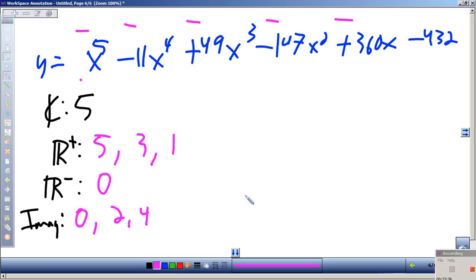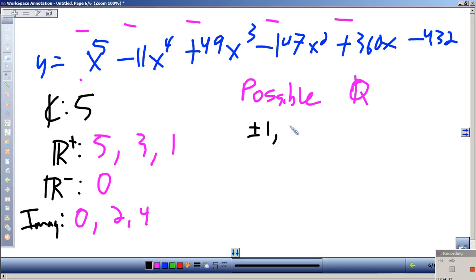Now, what are the possible rational solutions? So, possible rational. What number are we looking at? The 432. So we have plus or minus 1, plus or minus 2, does 3 go into it? Yeah.